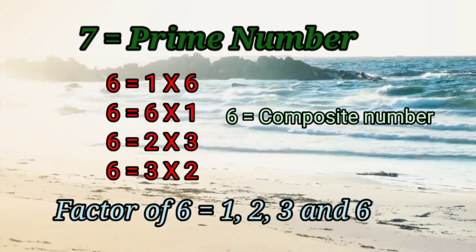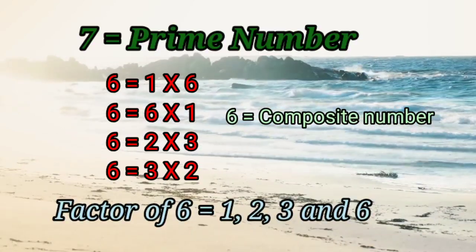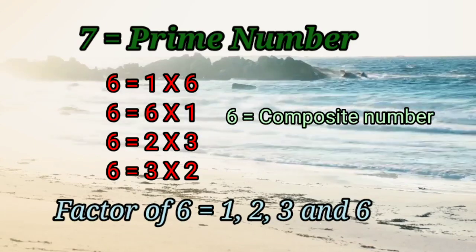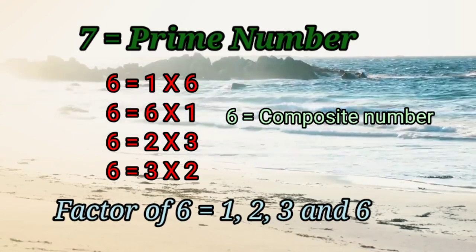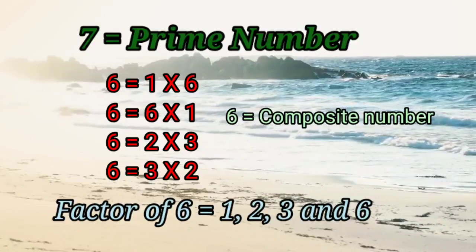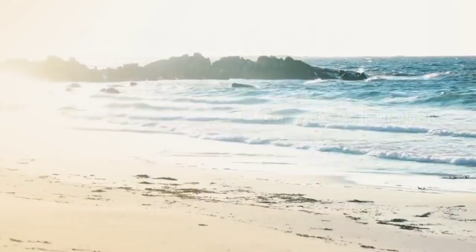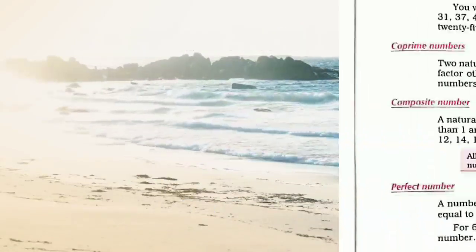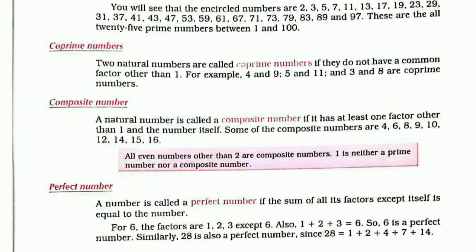So hence we can say that composite numbers are numbers which have an extra factor other than 1 and the number itself. Here you can see the definition. A natural number is called a composite number if it has at least one factor other than 1 and the number itself.